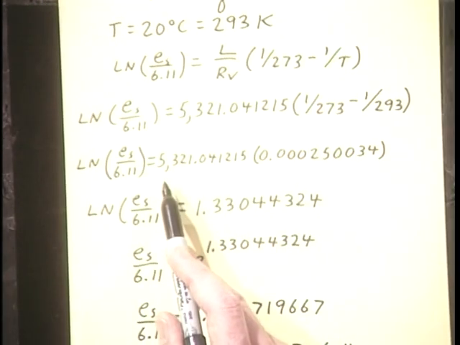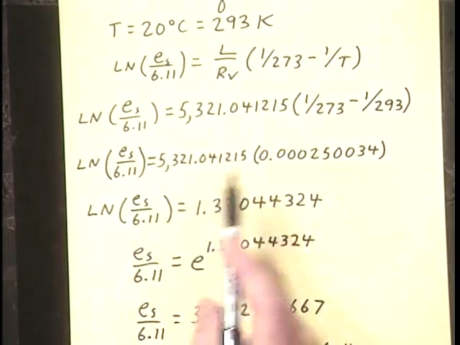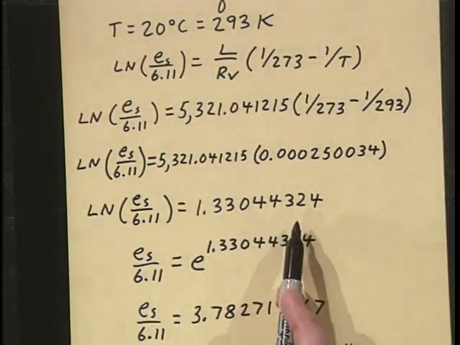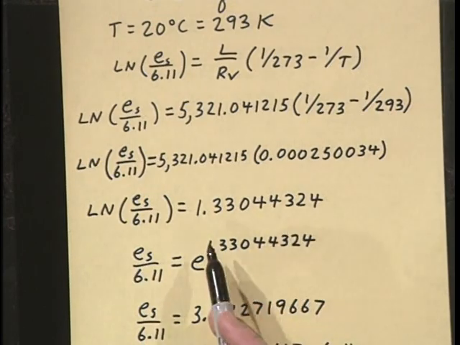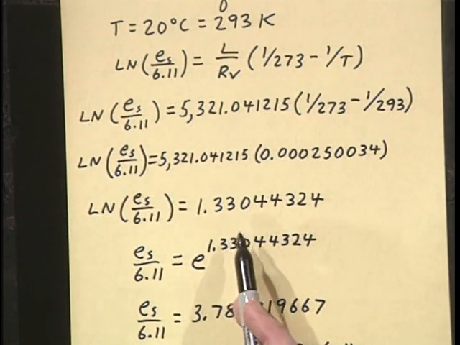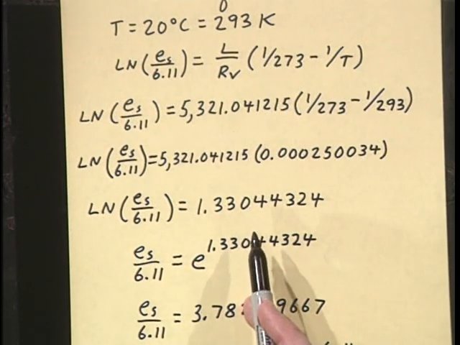Then it's multiplied by the 5,321.041215 value to get this number here. So you'll want to practice this on the calculator. Make sure you're able to get these numbers that I have down, and make sure you write down this information.